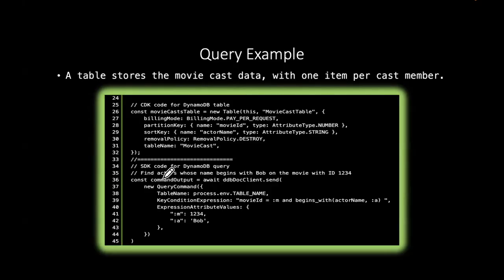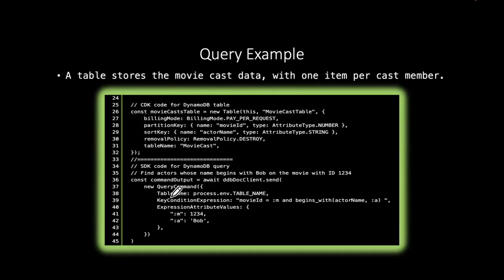And here is an excerpt from our Lambda function. Again, you've seen this. Because we have a composite primary key, we can execute a query against it. We can also execute a get command against this table, but I'm just illustrating a query. We've got to indicate what table we're talking about.